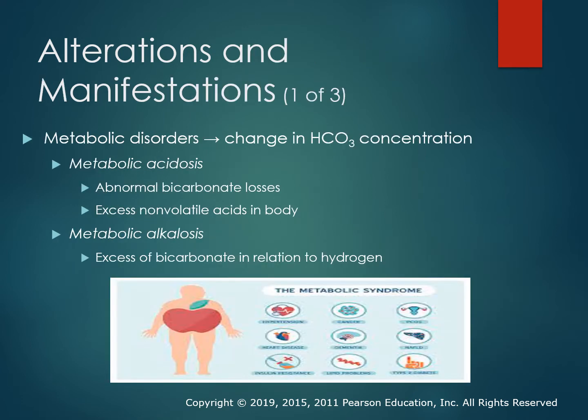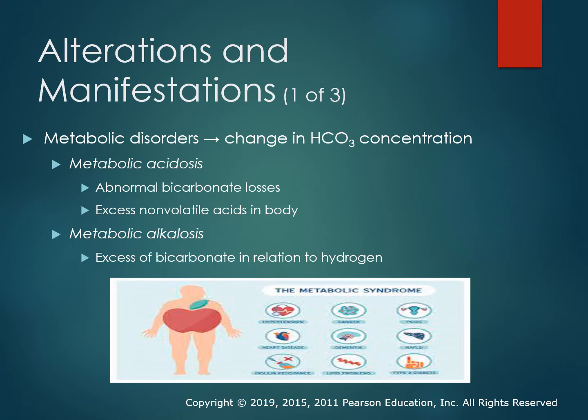Alterations and manifestations. Acid-base imbalances are further classified as metabolic or respiratory. In metabolic, the primary change is in the concentration of the bicarbonate. In metabolic acidosis, the amount of bicarbonate decreases in relation to the amount of acid in the body.